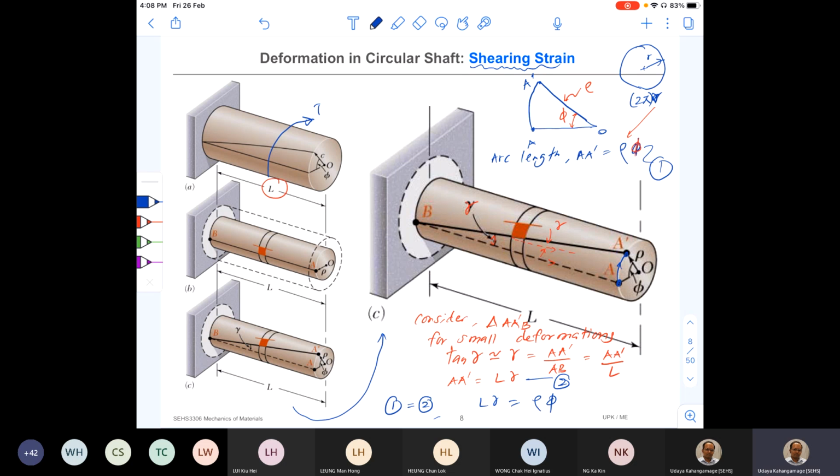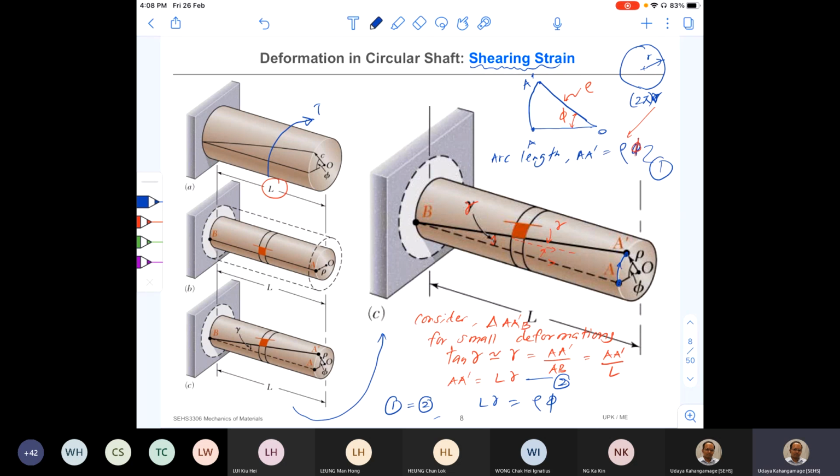I have written two equations for A prime by considering the arc length and also the A prime B triangle. Okay, then I equate them and got this final relationship. L times gamma is equal to rho times phi.